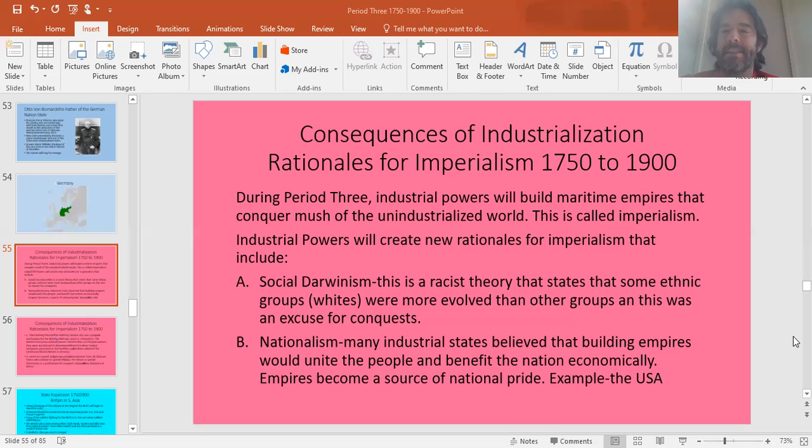A second justification for imperialism is nationalism.